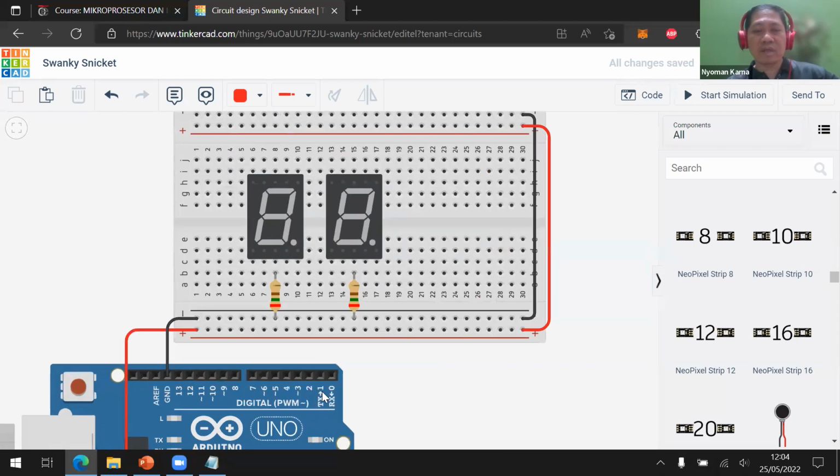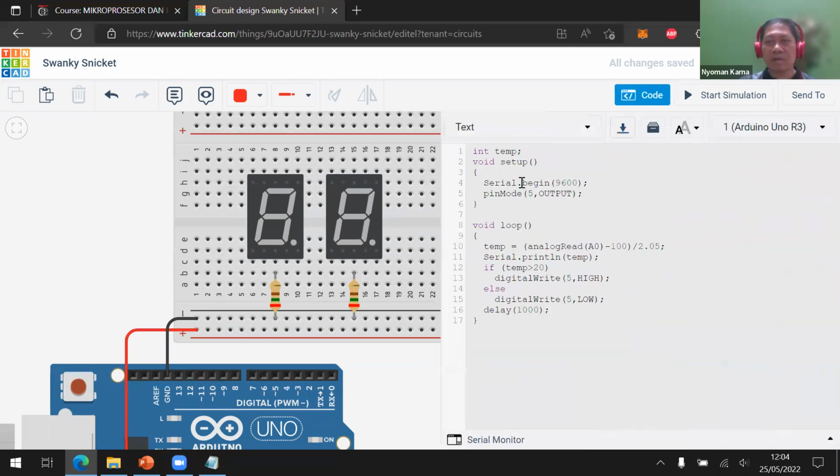Actually, we have 14 cables from 0 to 13. However, because we are using the serial port in our code, that means we're not going to be able to use D0 and D1 because these 2 pins are used by the serial monitor.